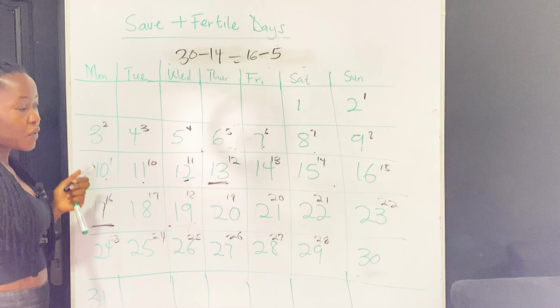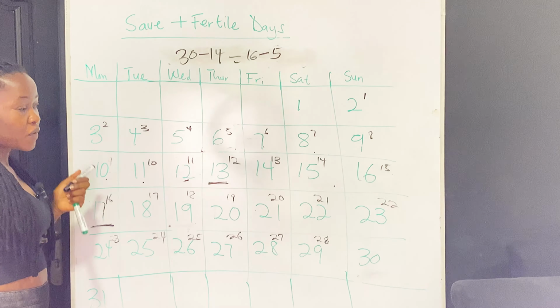So what we do is subtract 5 days from the 16 days, the day she's expected to ovulate. So from the 17th, 16th, 15th, 14th, 13th. So 1, 2, 3, 4, 5. You count it backwards, right? So 1, 2, 3, 4, 5.